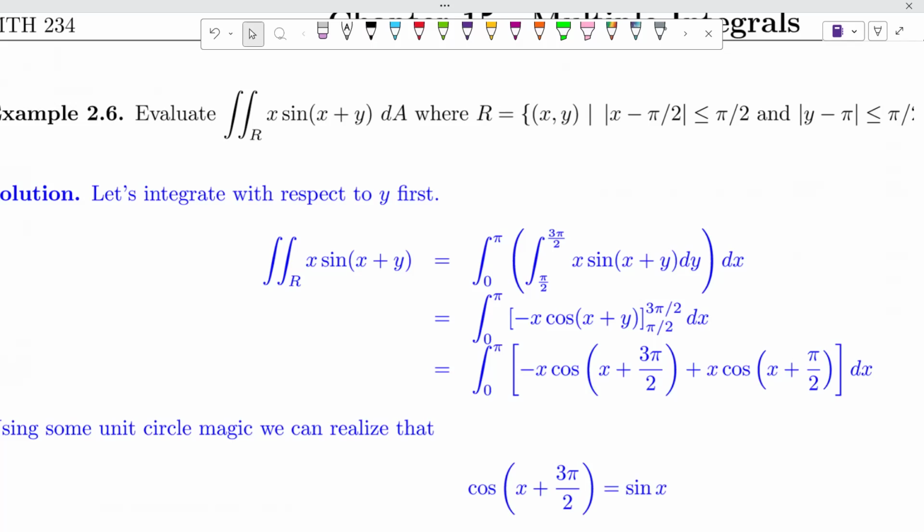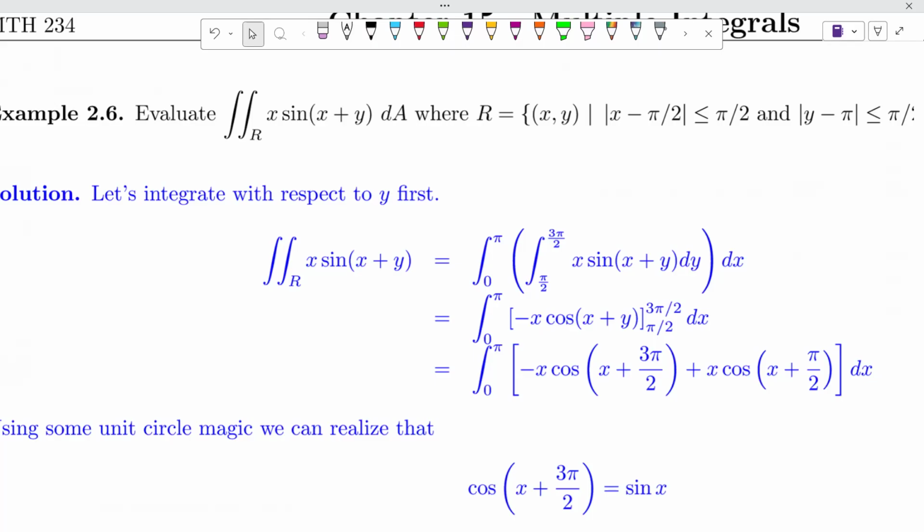You maybe could say this function is separable because it's not like the least separable function I've ever seen. We could use a sine sum formula, which I believe is sine x cosine y plus cosine x sine y. I used to be a trig instructor. I still remember the angle sum formulas.